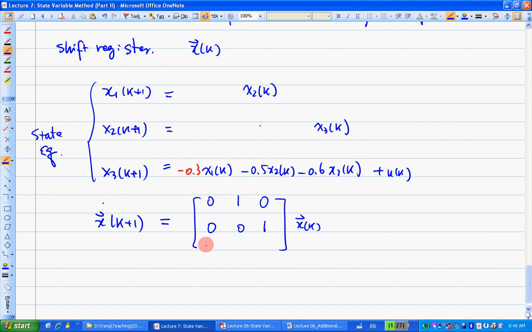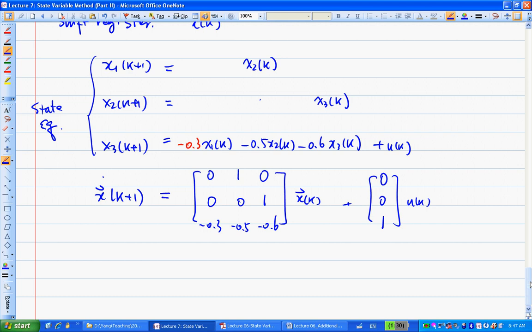And third row, negative 0.3, negative 0.5, negative 0.6. Don't you always have to add u of k? Yes, of course. So in the end, u of k, and the three entries here will be 0, 0, 1. So that's the state equation.